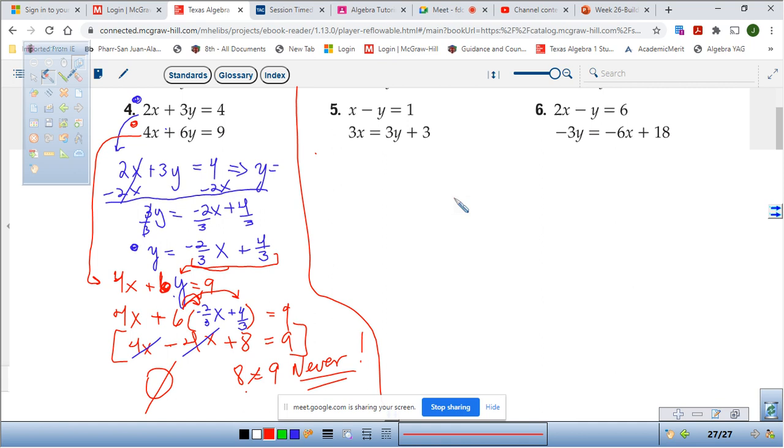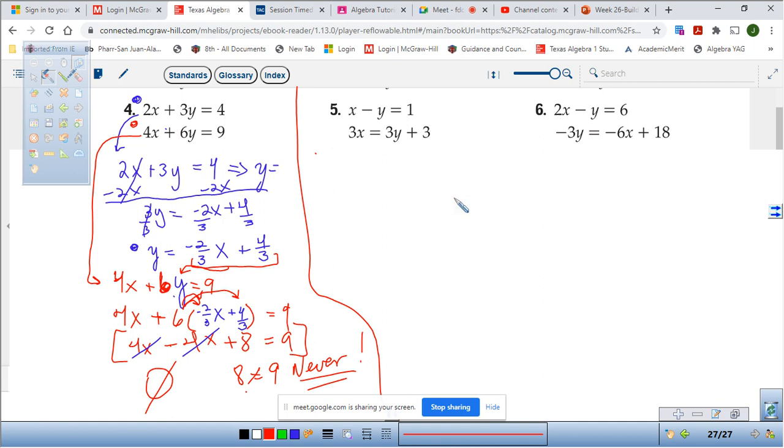Anybody want to share what we should do? Same as before. All right, do it to it. That's what we're doing. Same as before. We're doing it to it.